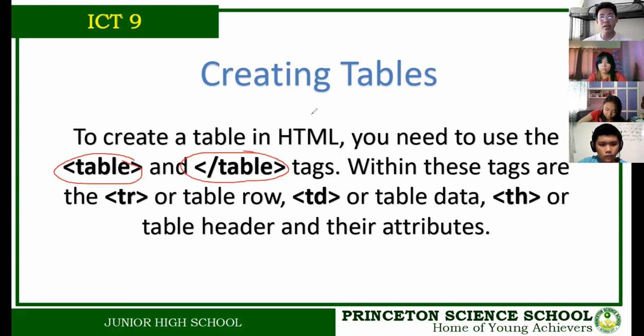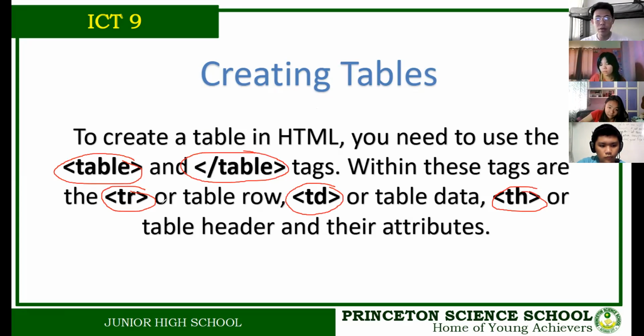Within these tags are the TR or table row, TD or table data, and TH or table header. These are the tags that we are going to use in creating our table.